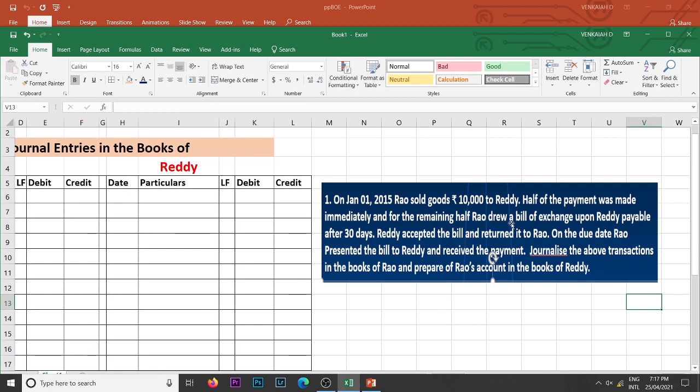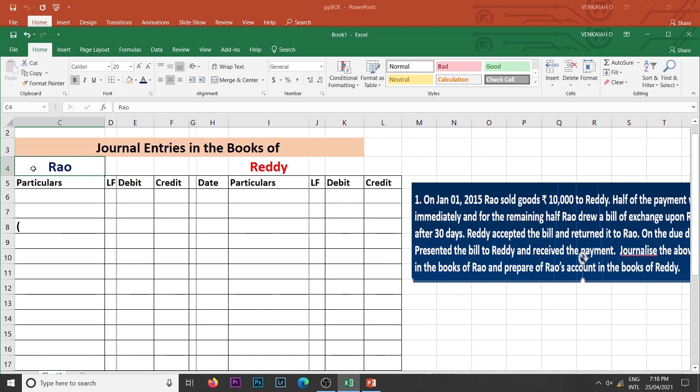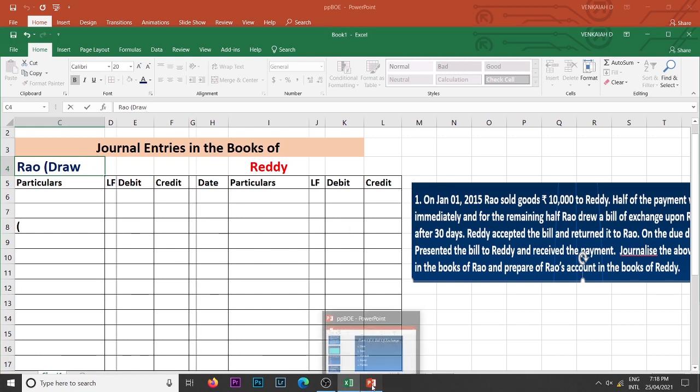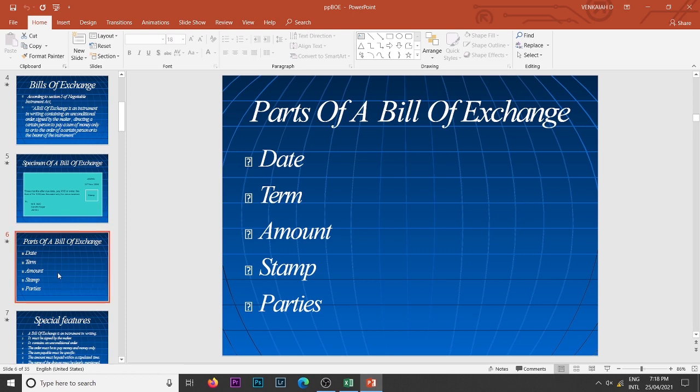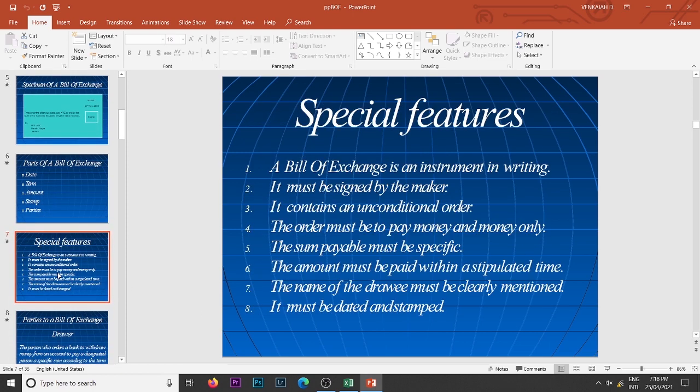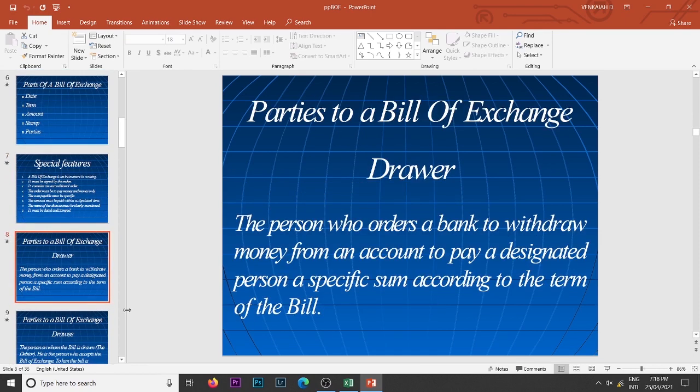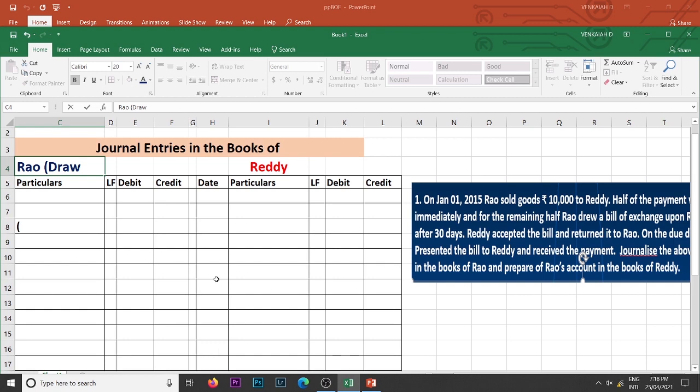Come to the problem. Who drew the bill? Rao drew the bill. The person who draws the bill is the drawer, so Rao is the drawer. Who accepts the bill?